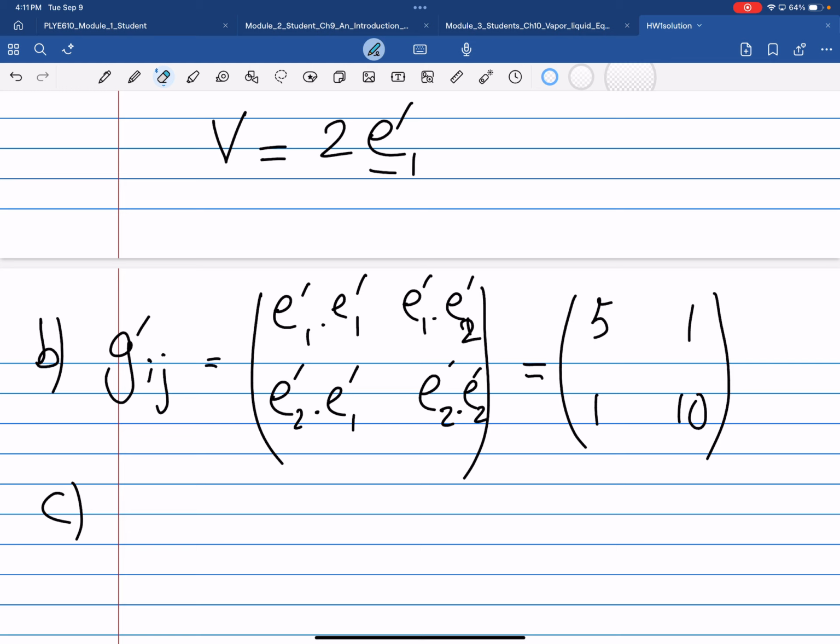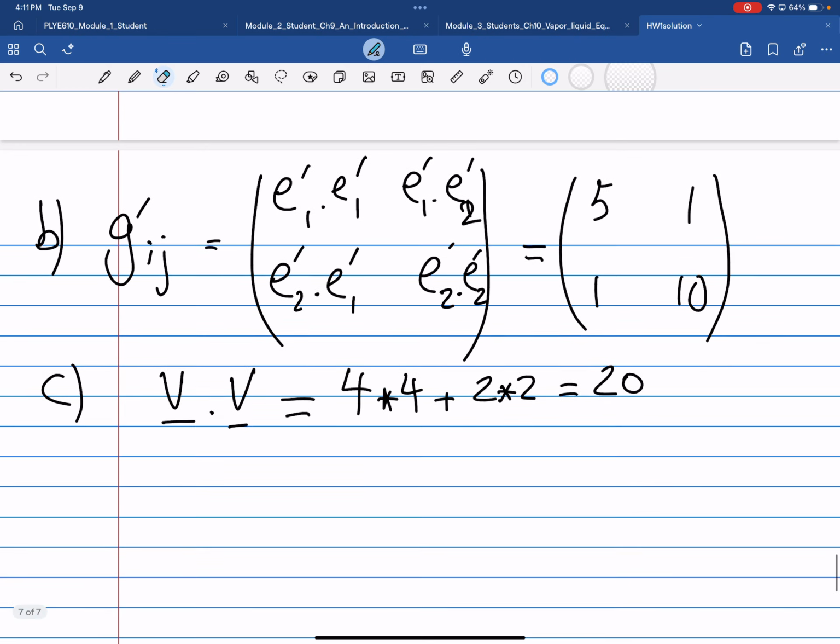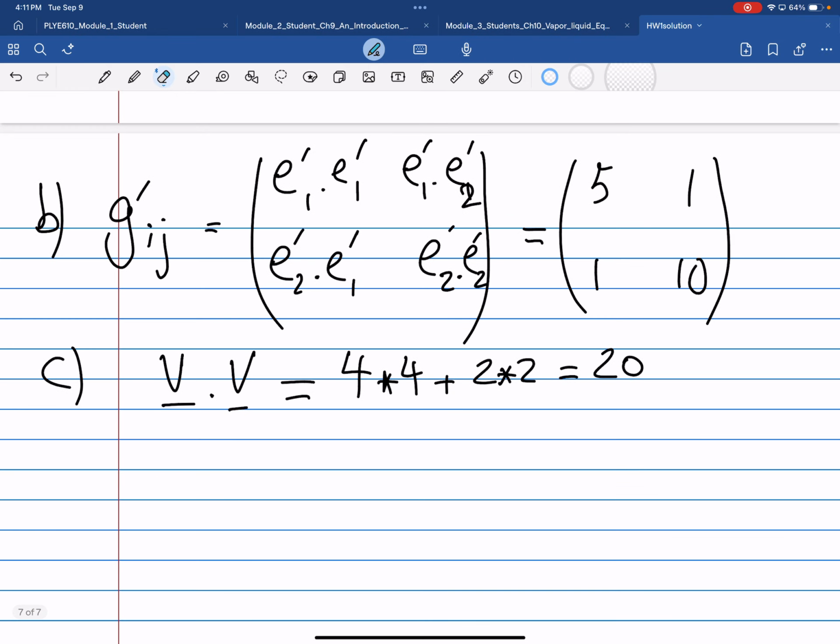So I want to check the original V dot V. What is it? 4 times 4 plus 2 times 2 is going to be 20. So this is, let's call it, the original.